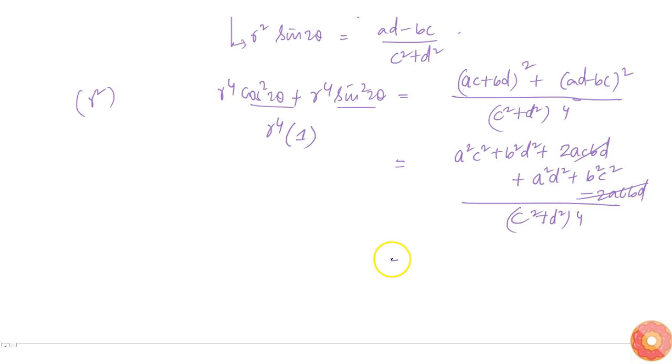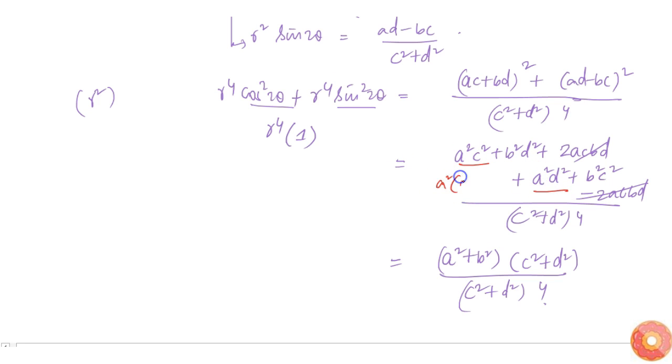So the numerator I can write as a square plus b square into c square plus d square, and the denominator is simply c square plus d square whole power 4. As you can see, this part is simply a square c square plus a square d square, that is a square into c square plus d square, and b square d square plus b square c square, from that I can take b square into c square plus d square again.